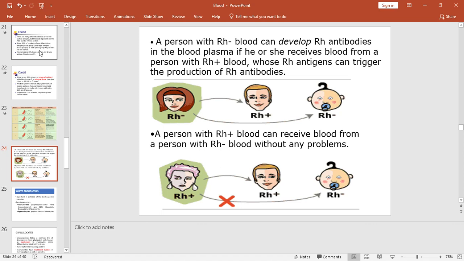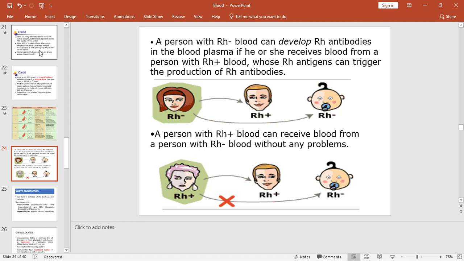You understand? When these two people marry, what may happen is that the baby may be rhesus positive. You do understand? Because the baby can get the gene of the father.